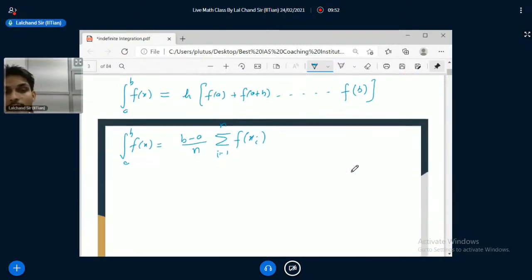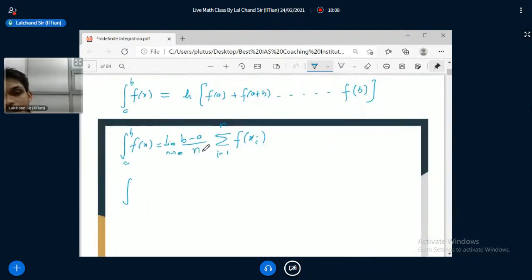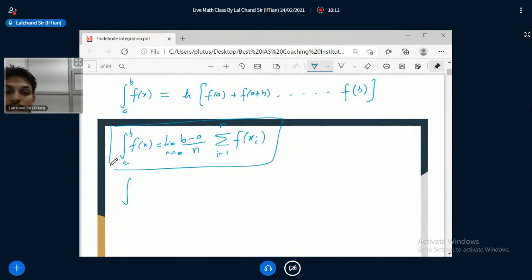Okay, so if I apply the limit as n tends to infinity, considering there are infinitely many small steps inside this area, these two areas are equivalent. So this equation is considered as integral equal to sum as a limit, area as a limit.